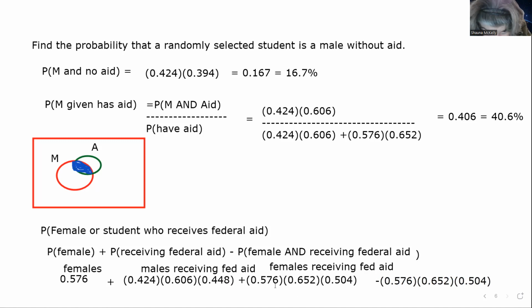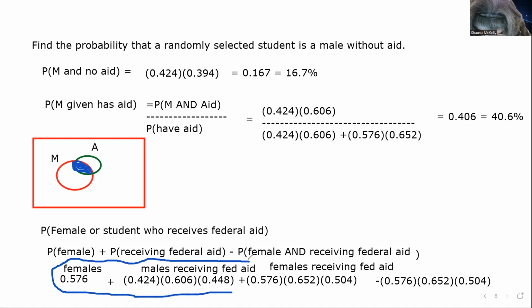So all I'm really going to calculate is this 0.576 plus this group right here.